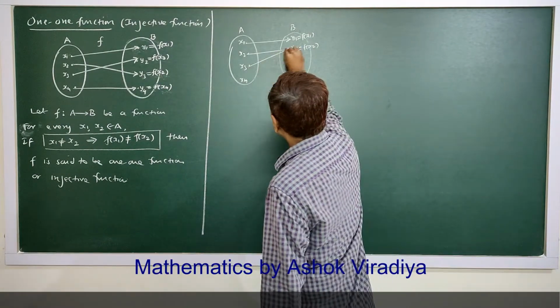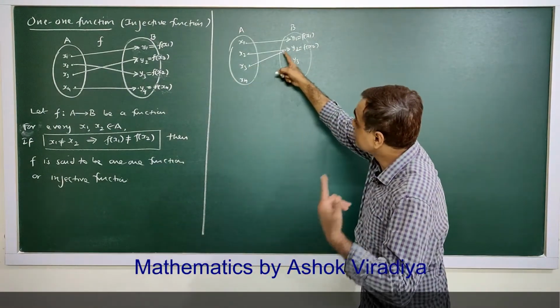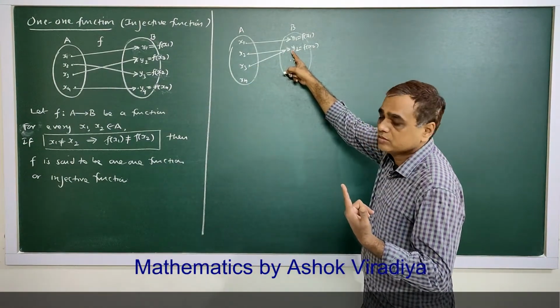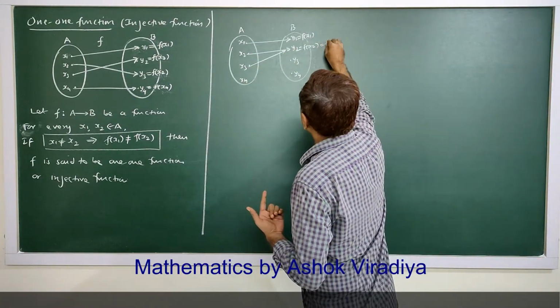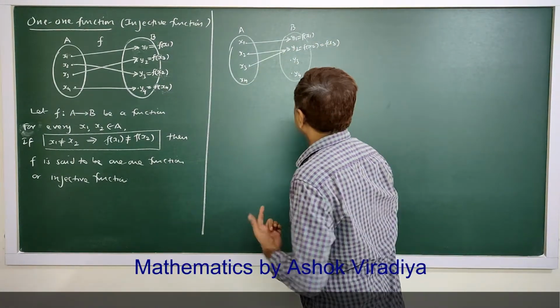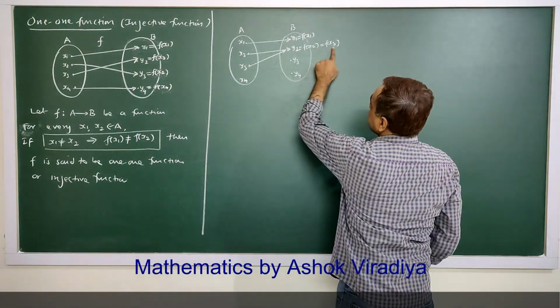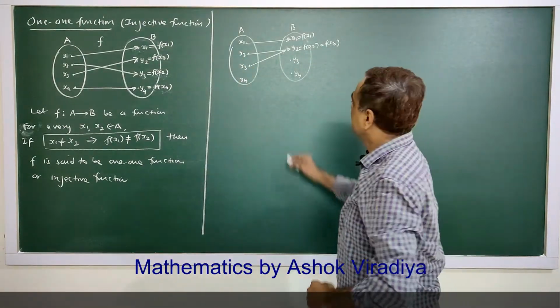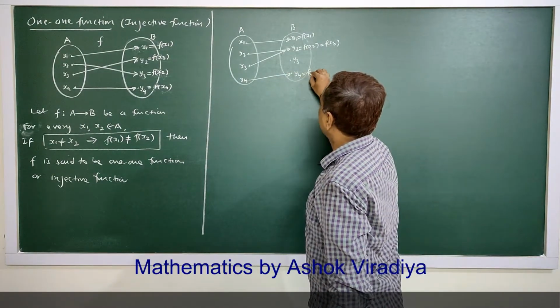The image of x3 is also y2. So y2 is the image of x2 as well as the image of x3. The image of x4 is y4.